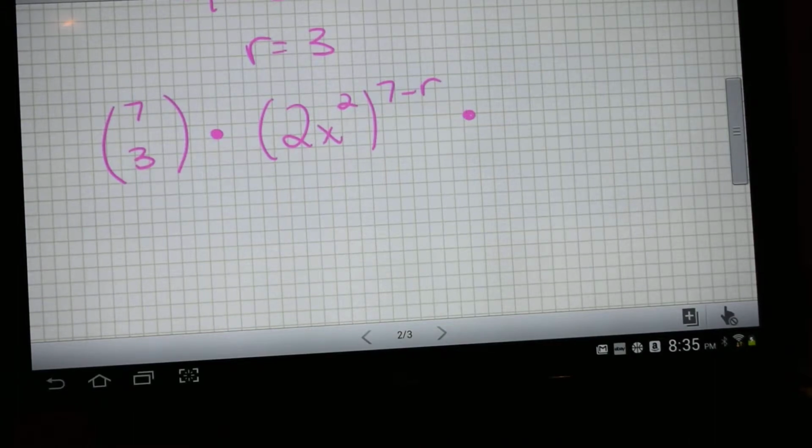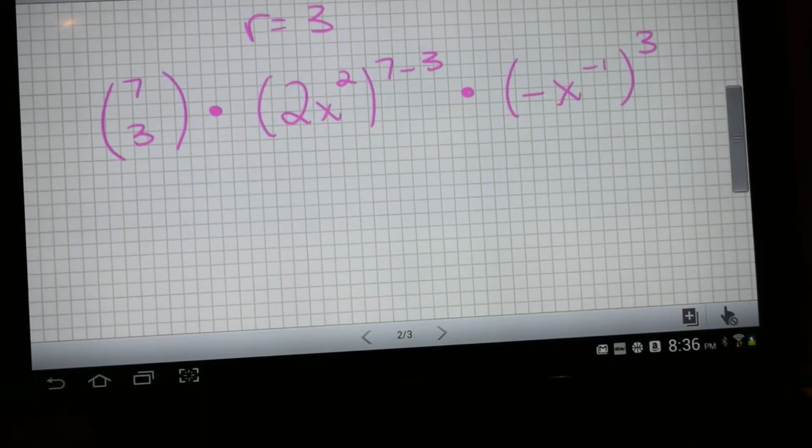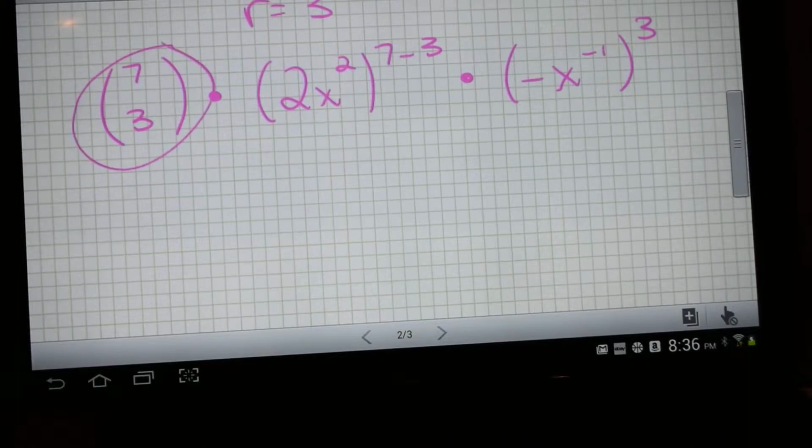And it was negative x to the negative 1 power, to the r power. And we simplify, use your calculator to find this. I'm not sure what that is. Let me go grab my calculator. I don't have that book in front of me.